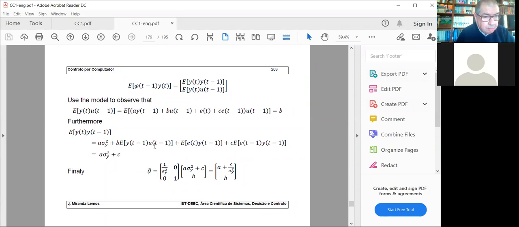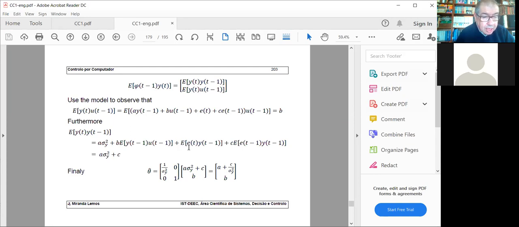The u of t minus 1 comes from the model. Again, as before, this is going to be 0, because y of t minus 1 depends on u of t minus 2, u of t minus 3, and so on. Remember that there is a delay in the dependence of y on u. So this term does not appear.